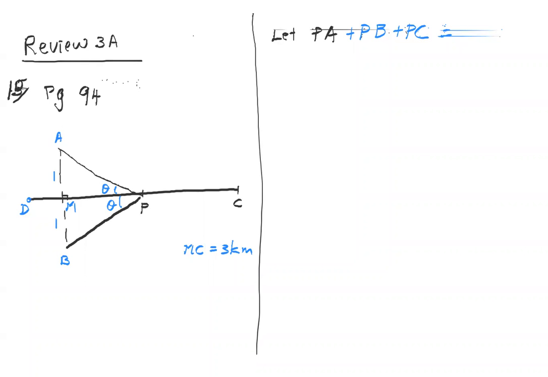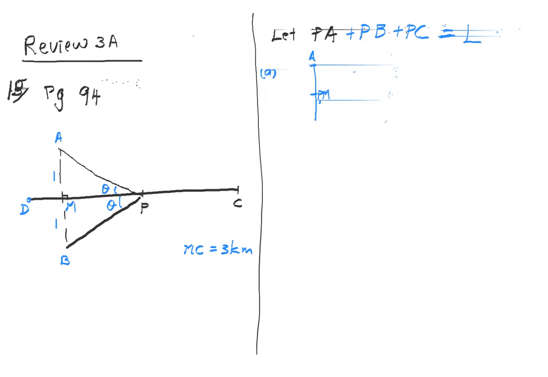Okay, in this question, PA plus PB plus PC is equal to L. So for part A, you draw the situation. It becomes like that. Here is A. The power station is at M. So this is PM.